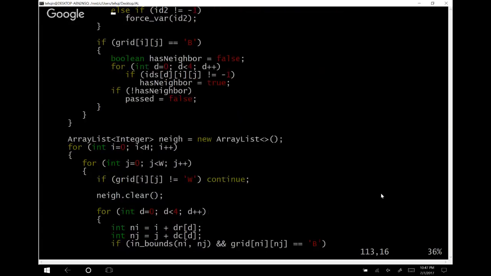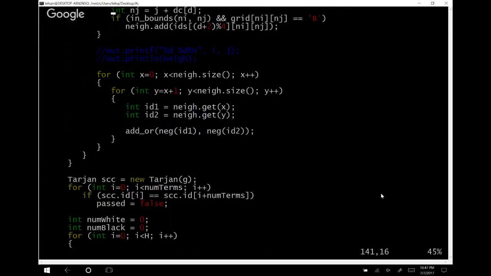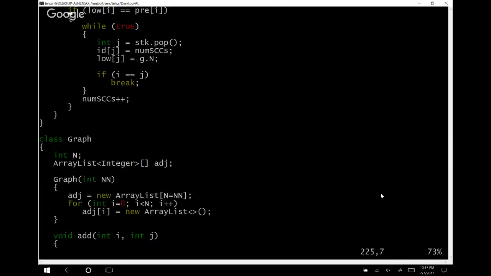So I don't need to just check if I have a neighbor. I need to check, hold on.